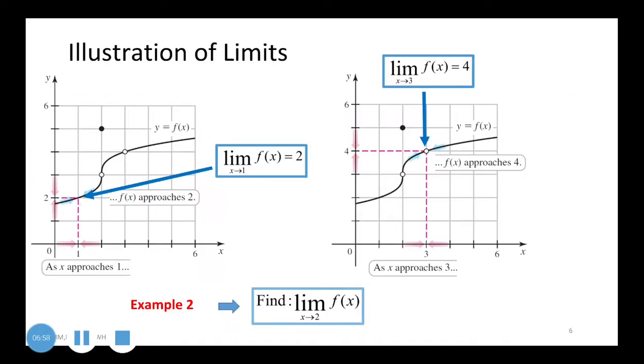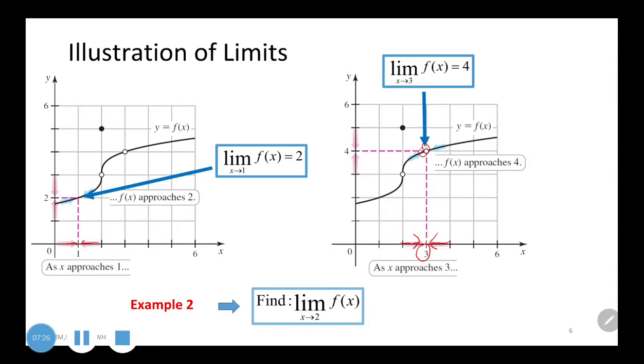So from here, for this function here, limit f(x) is equal to 2 when x approaches 1. Okay, and then here limit for the function f(x) here is 4 as x approaches 3.